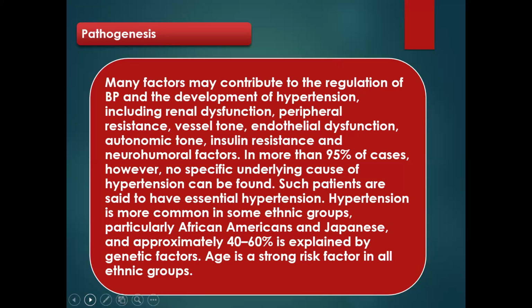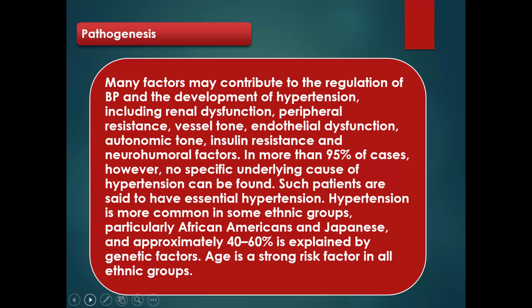Peripheral resistance, that is the blood vessel's ability to contract, the vessel tone, the endothelial dysfunction, that is the inner lining of the vessels, the autonomic tone, the insulin resistance, the neurohormonal factors. All these contribute to how hypertension occurs.